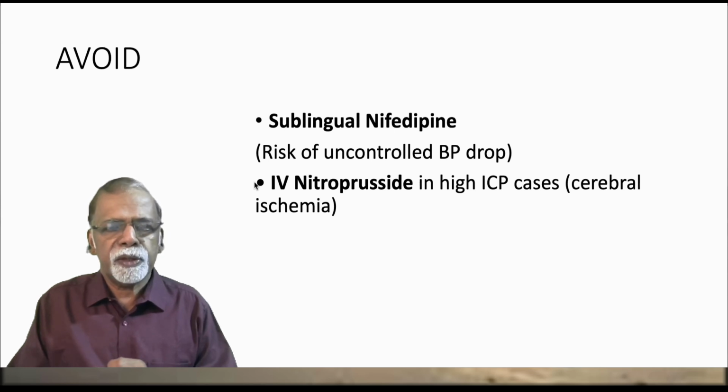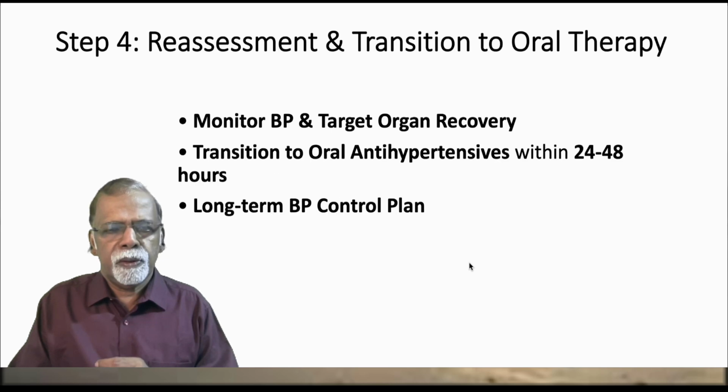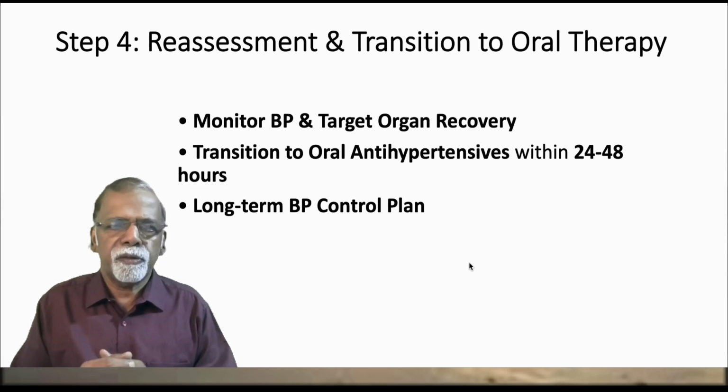IV nitroprusside, as mentioned, can increase the intracranial pressure because it produces vasodilation. Then reassess the patient, monitor for BP and target organ recovery, and plan to give oral antihypertensives within 24 to 48 hours and have long-term BP control.